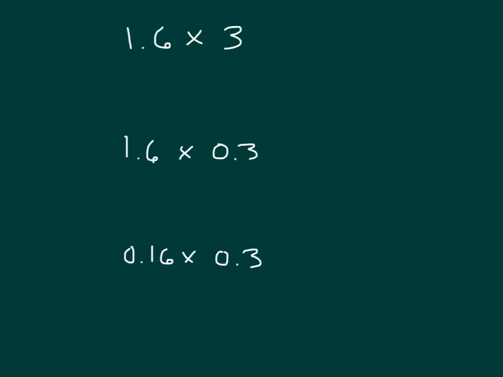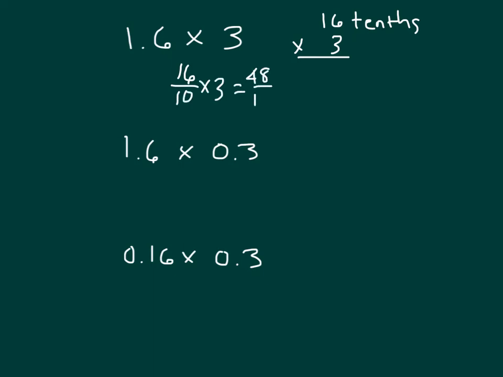Let's look at 3 more expressions and let's evaluate them. We have 1 6/10 times 3. Let's write that back in unit form this time as 16/10 times 3, which also would be 16 over 10 times 3, which also is equal to 48/10.